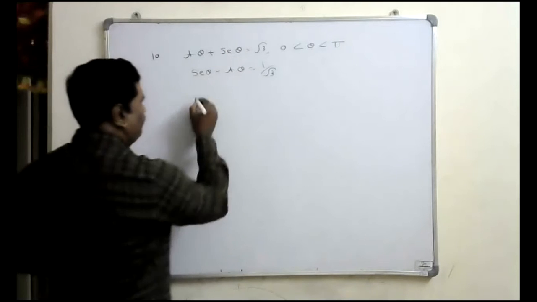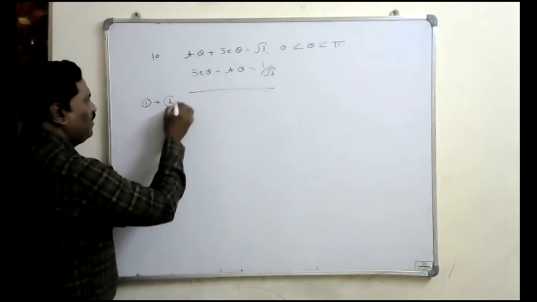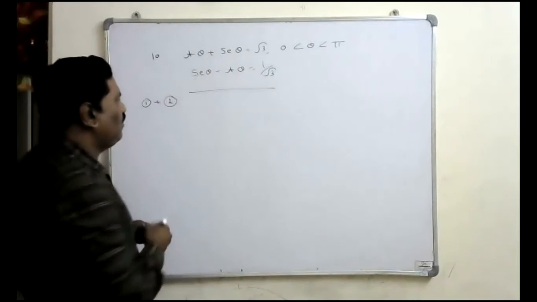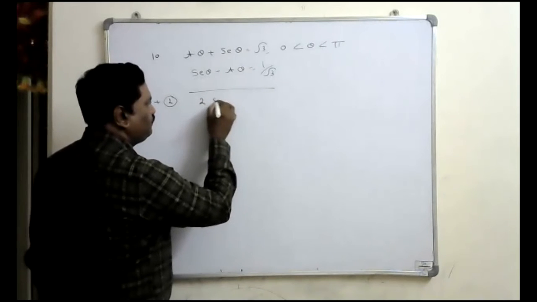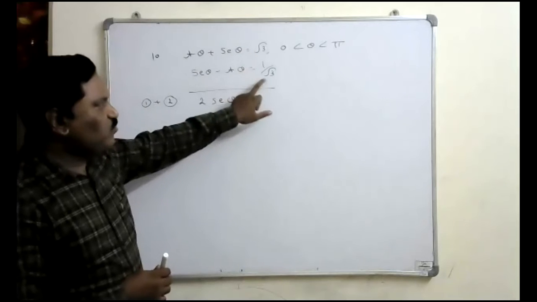Now if we add them, tan theta gets cancelled. Secant theta plus secant theta, which is 2 secant theta, is equal to root 3 plus 1 by root 3.